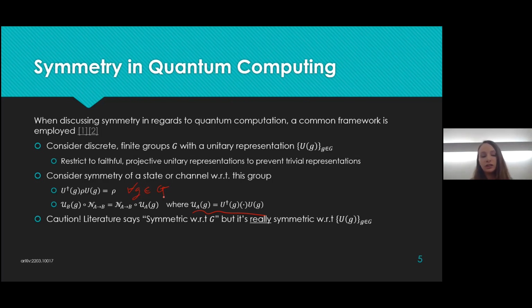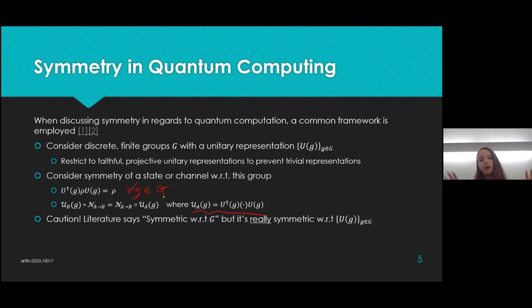Each member of the lab has a way to implement the unitary representation. If Alice acting with the group in her lab and then sending the state to Bob is completely equivalent to sending the state to Bob and then he acts with the group element, then we say that the action of the group commutes with the channel, and we say the channel is covariant.